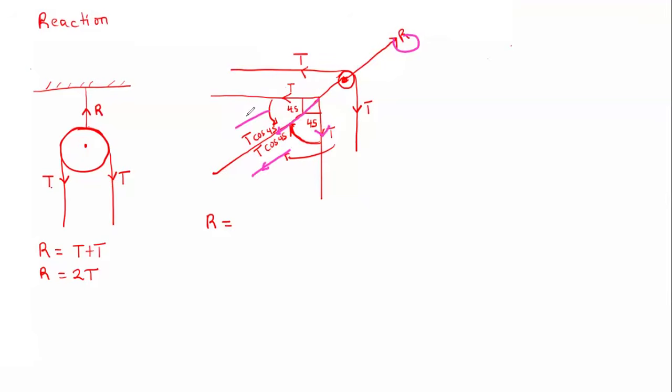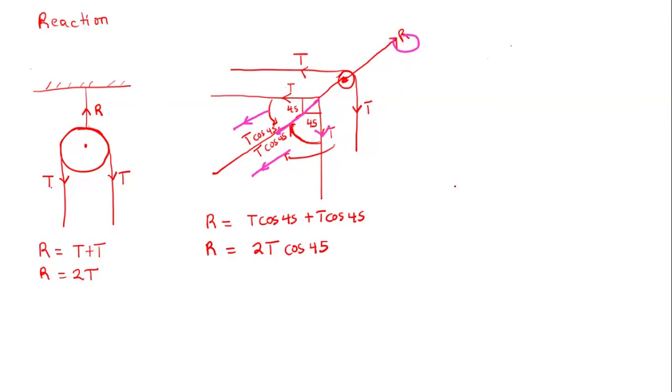You note that this one is also pointing this side. So your R is going to equal to T cos of 45 plus the T cos of 45. So your reaction is always equal to 2T cos of 45, in case your pulley system is in that form.